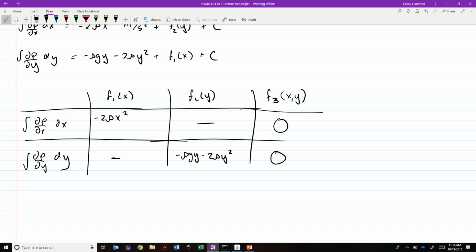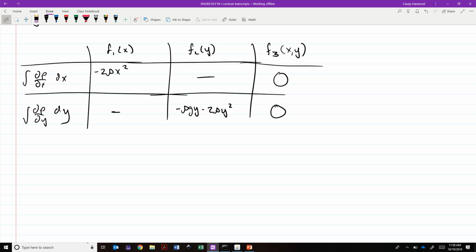Do we have an entry in this column? Yes, and they're both 0. And that's our litmus test to know whether we've done this right: you have to have an entry in every single column to know that you've fully captured all of the functional behavior of that unknown. And anytime you have more than one entry in a column, they have to match, because otherwise your integrals are inconsistent and there's been a math problem.